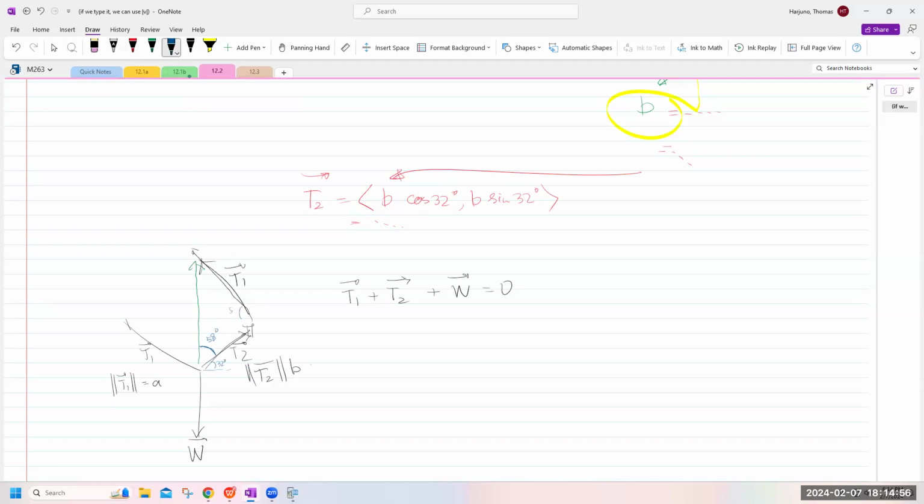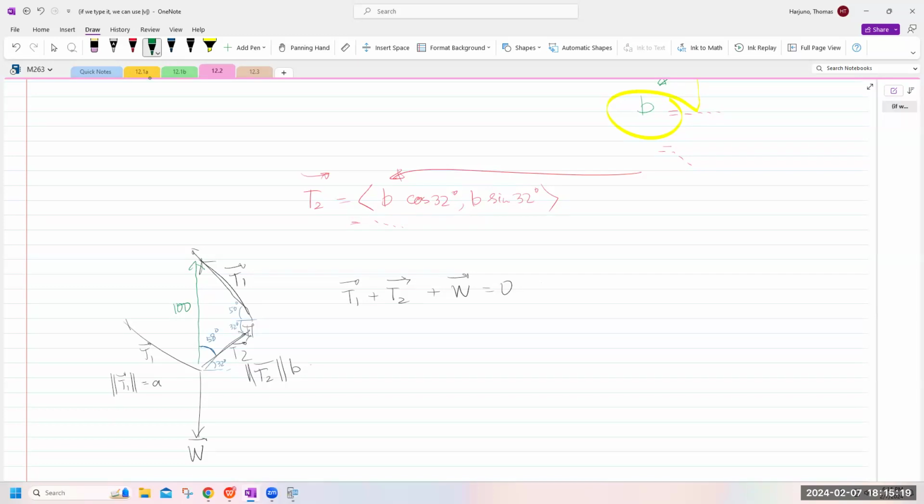This is 50 degrees and this is 32 degrees. That's 82 degrees. Now we can find this guy here, which is the counter of W. We know that's actually 100.